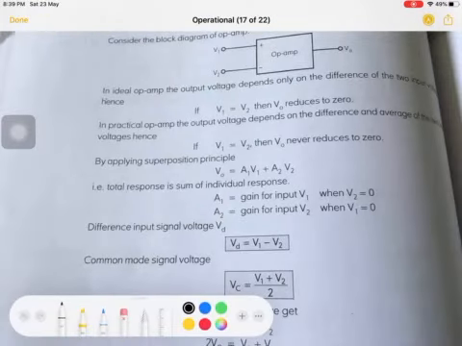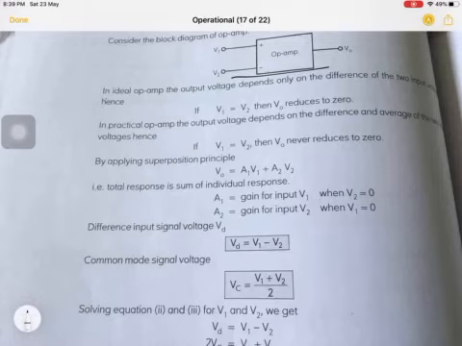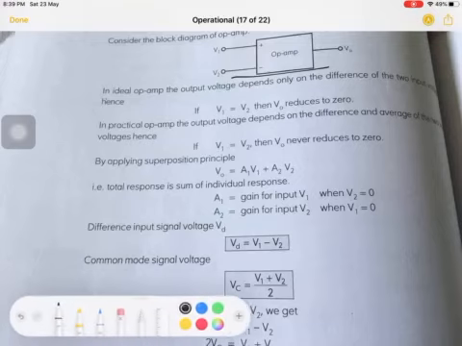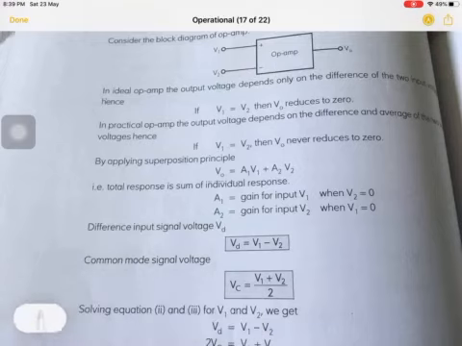Now consider this is an op-amp. If V1 is equal to V2, then V0 reduces to 0. If we think of it as a two-port network, we can write this equation: V0 equals A1 V1 plus A2 V2, as per the two-port analogy, where A1 is the gain when V2 is 0, and A2 is the gain when V1 is 0.